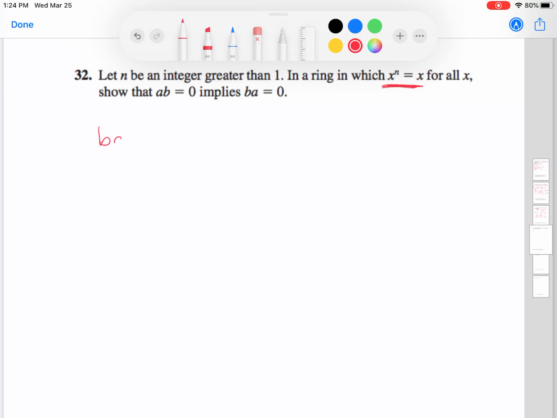Well, if this is true, then BA has to equal BA all raised to the n, correct? Let's rewrite this as BA, BA, and then BA to the n minus 2.